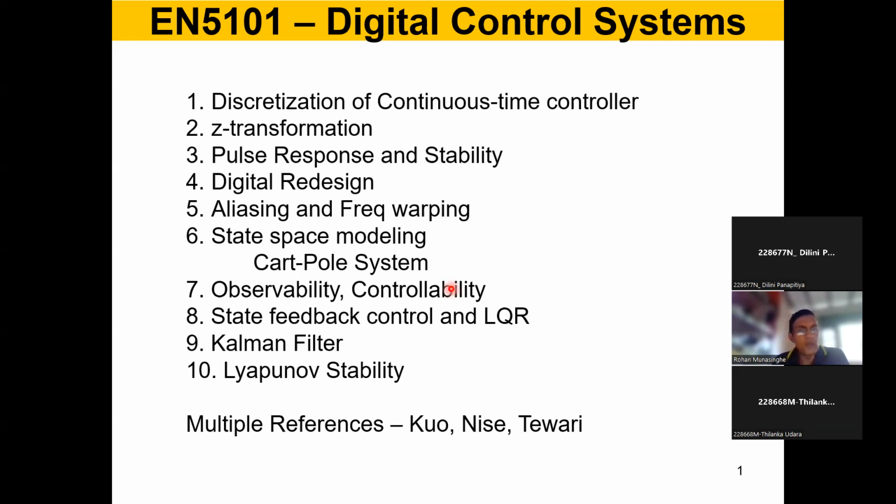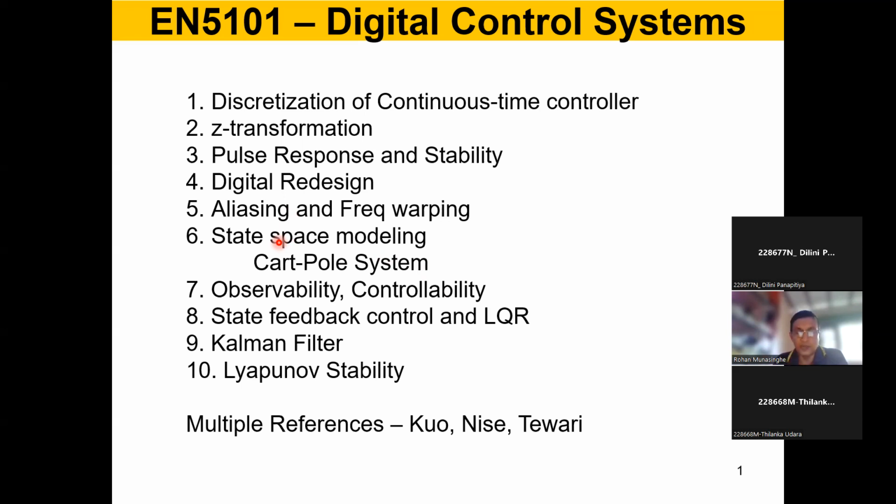But now, if you look at the state space modeling, a second order plant has two states. A first order plant has only one state, of course. A third order plant has three states. You will learn that. And you can measure these states or estimate these states and also feed back these states to a controller which is not PID, or which is not a loop shaping kind of thing.